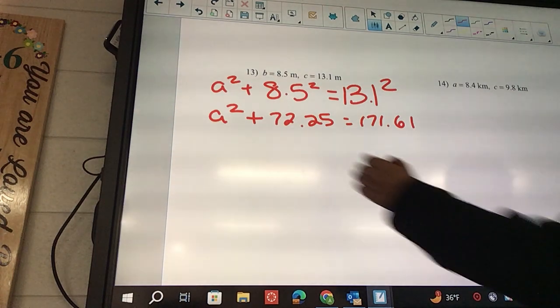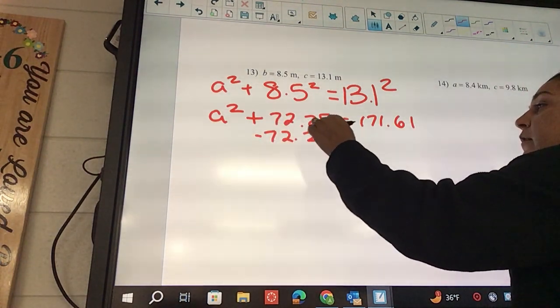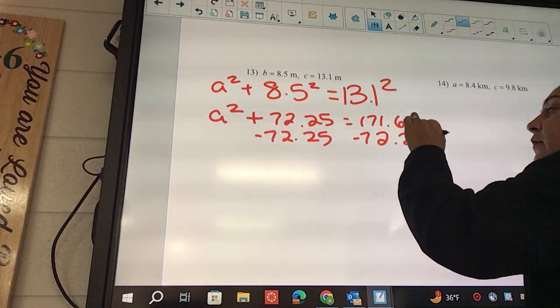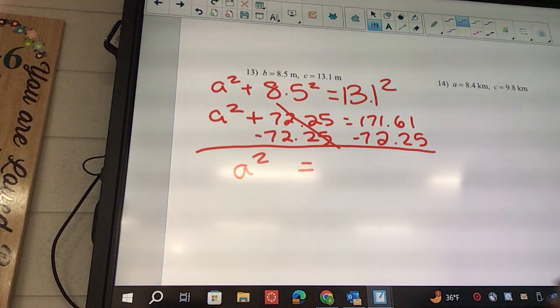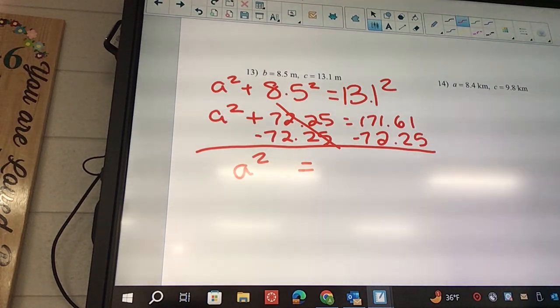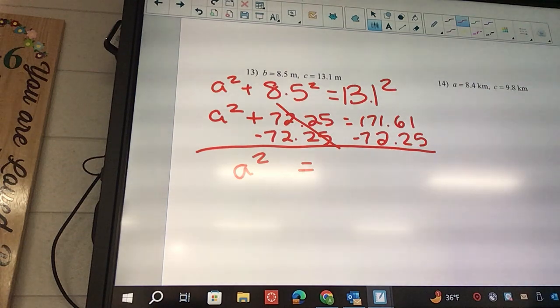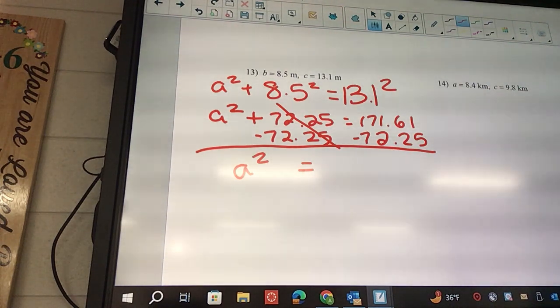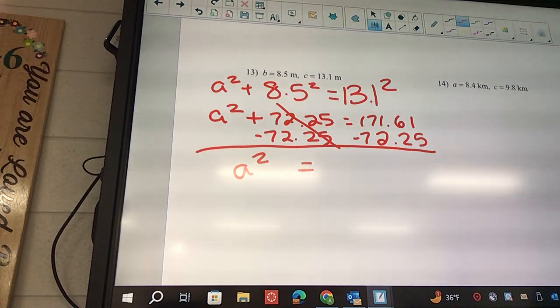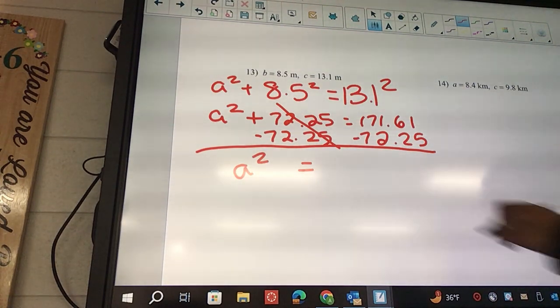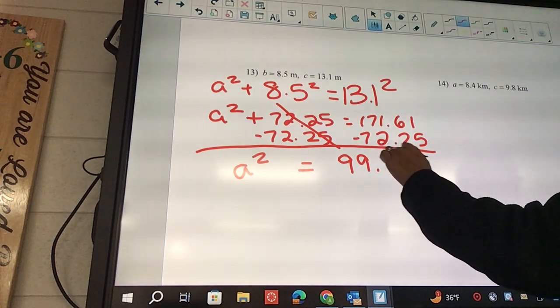Then we're going to subtract this from both sides. What is 171.61 minus 72.25? 99.36.